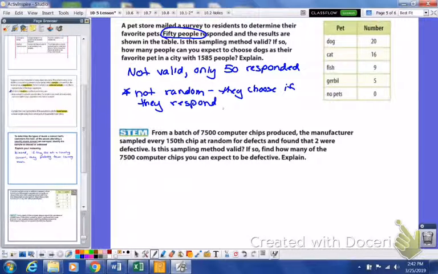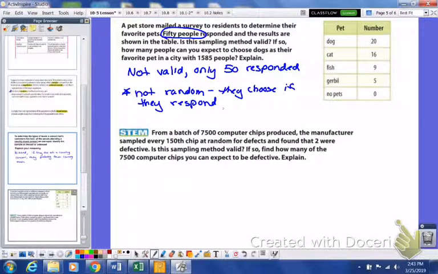From a batch of 7,500 computer chips produced, the manufacturer sampled every 150th chip at random for defects and found that 2 were defective. Is this sampling method valid? If so, find how many of the 7,500 computer chips you can expect to be defective and explain. Okay, so out of that 7,500, every 150th chip is randomly selected.